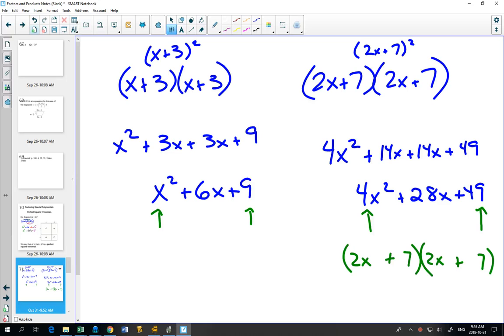Maybe this would take a little bit of time with the grouping method, but you would get it eventually. So if we can see a shortcut, we like to use those shortcuts because the grouping method isn't super fast in this case. And guessing and checking and seeing what works might take you a while as well.